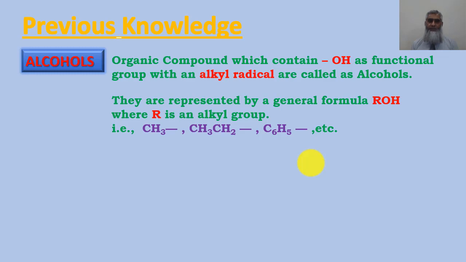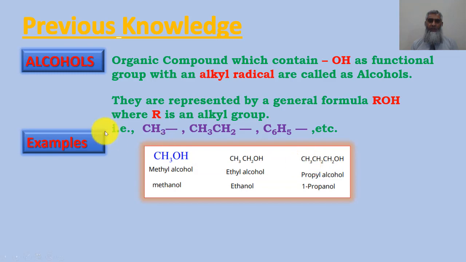For example, alkyl group may be CH3, which is methyl, CH3CH2, it is called as ethyl, C6H5, it is called as phenyl group. Let me see different examples of alcohols.